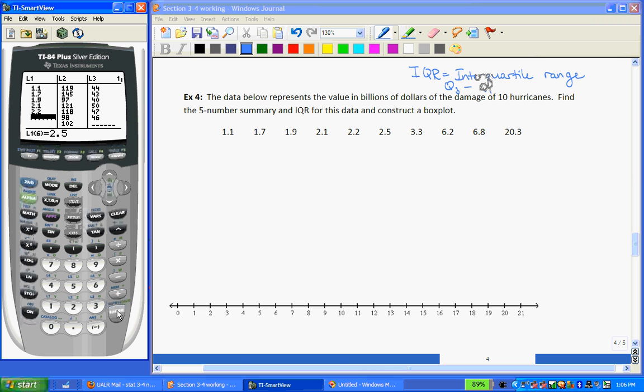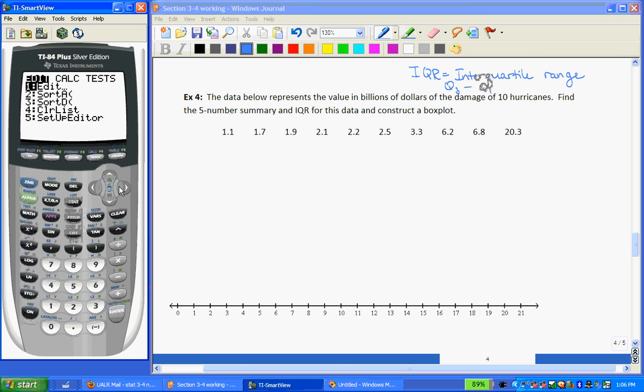When you're putting your values in, make sure you don't type in extra values, and if you drop a decimal, that can really change things. So it doesn't hurt to double check that your values all look okay as you're entering them. 20.3. Okay, 10 data values.